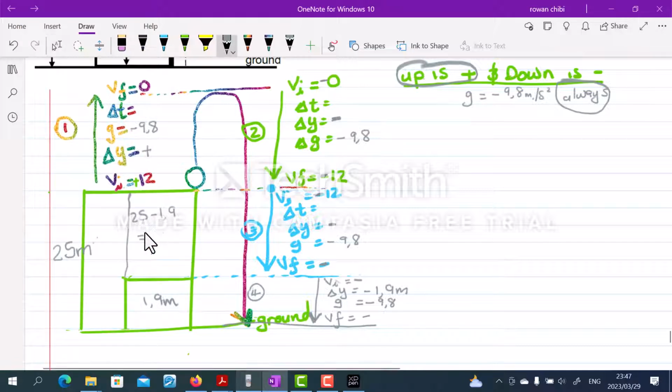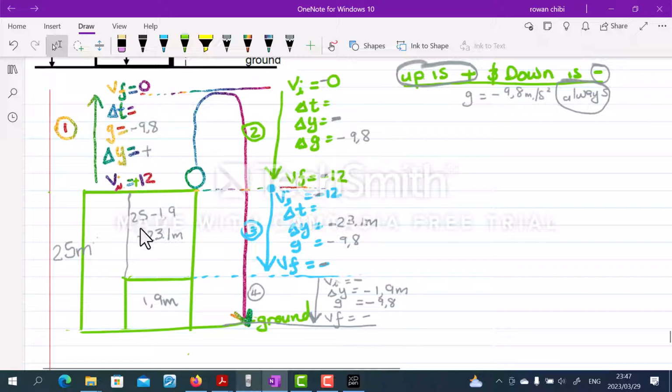That means this section here is 23,1 meters. So in section 3, the displacement here is negative 23,1 meters. It's negative because the ball is going down, and when the ball is going down, all your vectors are negative. So we don't know the time, we don't know the final velocity.